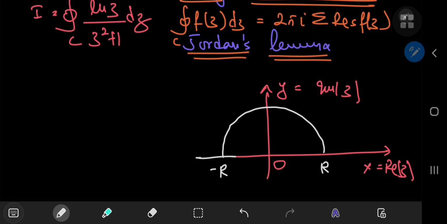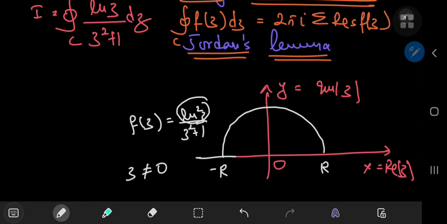But there's one more thing to consider. The function that you're integrating over the contour is the square of the natural log of z divided by z squared plus 1. So we can't allow z to be equal to 0, otherwise the natural log will blow up. So we're going to have to circumvent the origin here.